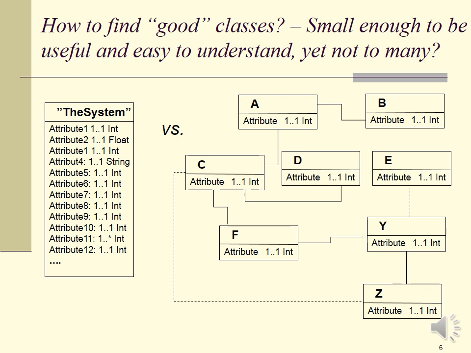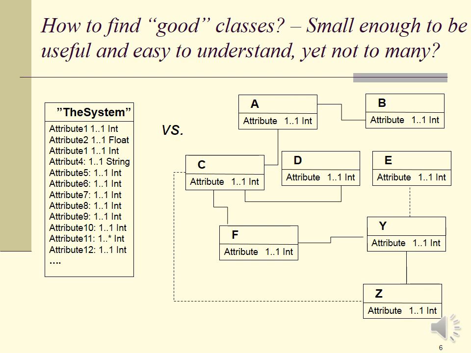So, if we have only large walls of text and we are going to use this to create a good class diagram, how do we do it, and what are good classes? Well, classes should be small enough to be useful and self-contained and easy to understand, but we can't have too many of them, because then the conceptual schema will get too cluttered and hard to understand.